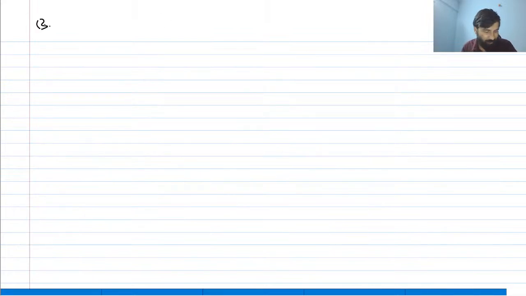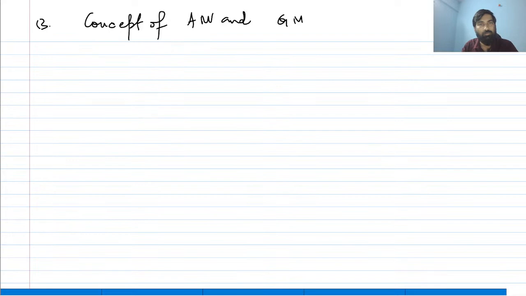Next, the topic number 13 is going to be the concept of algebraic multiplicity and geometric multiplicity, AM and GM. What is the meaning of AM? Algebraic multiplicity.